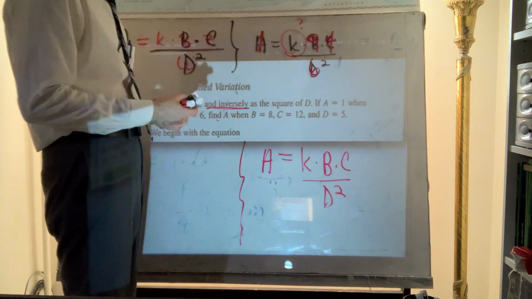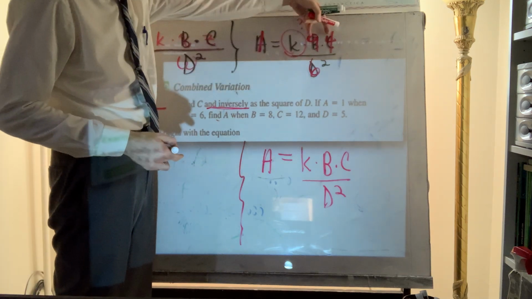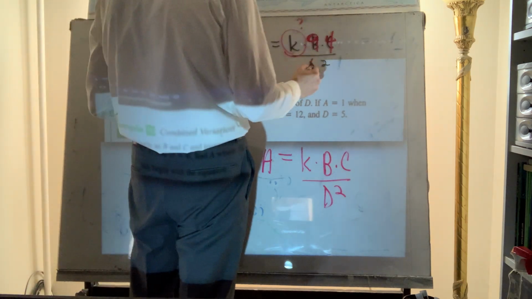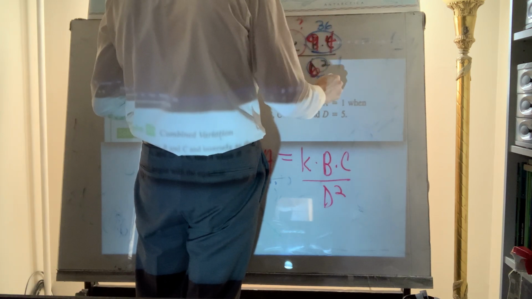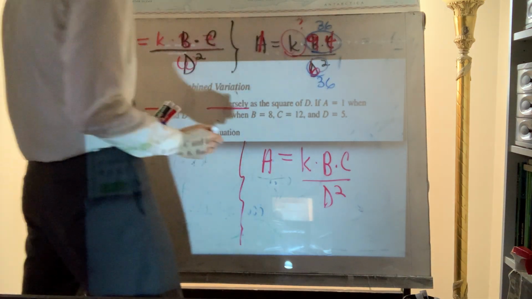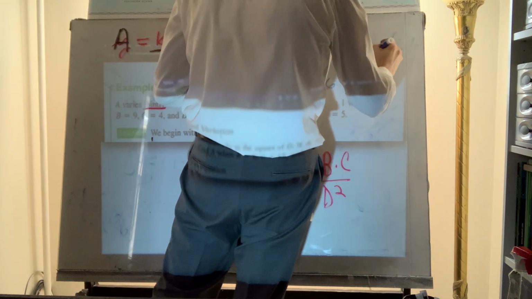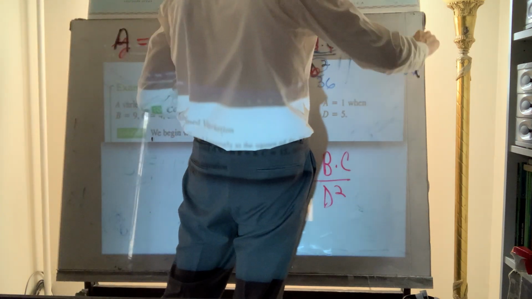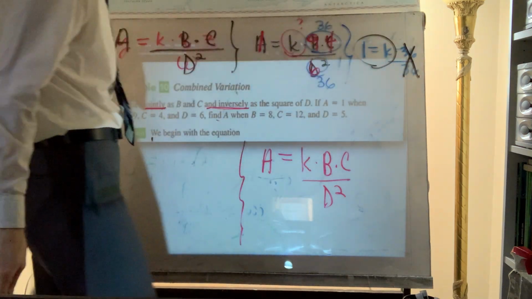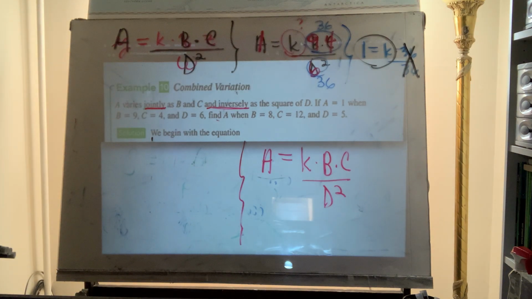So what we end up having here is technically a 36 on top and a 36 underneath it, which means we have 1 = k times 36 over 36, and that would immediately simplify down to just k = 1. So not too bad, right?